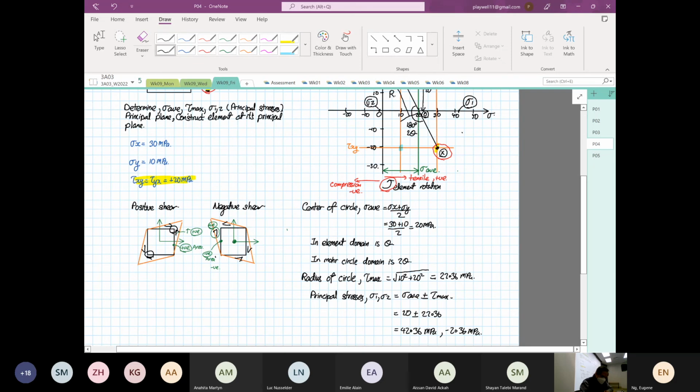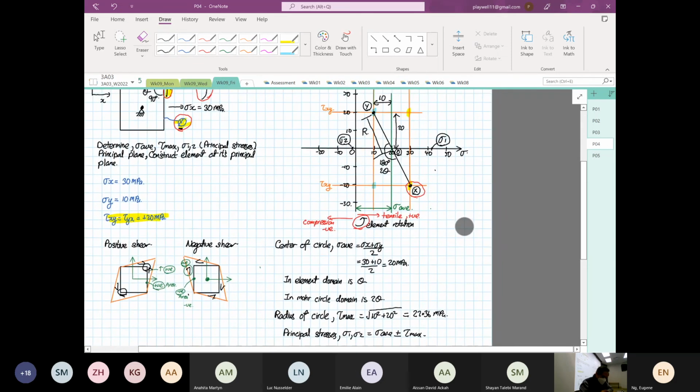From here, we can construct a circle. This is just eyeballing, okay? The eyeball is not very eyeballing, is it? Okay, so this is your Mohr circle.